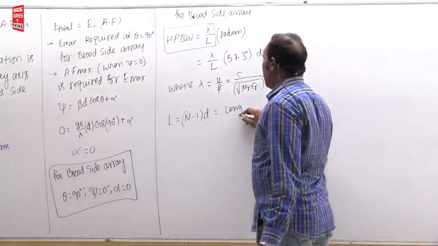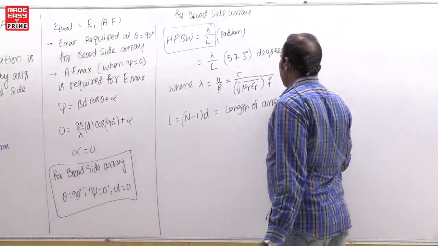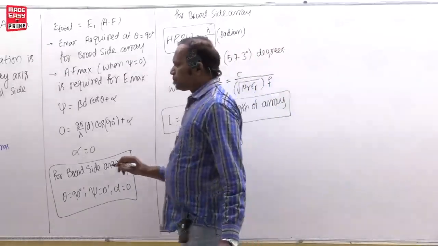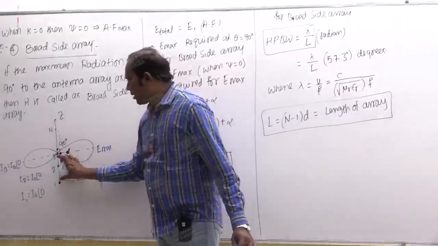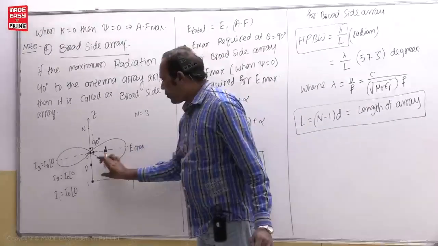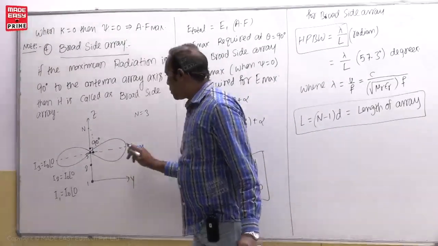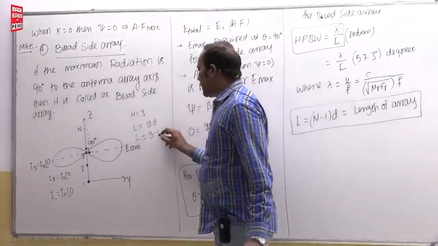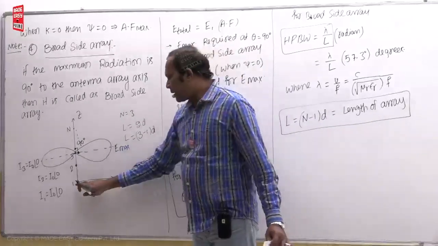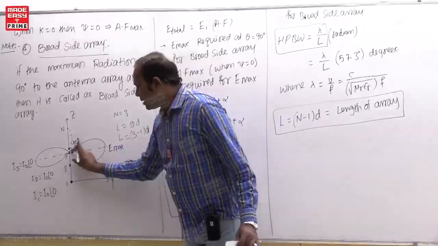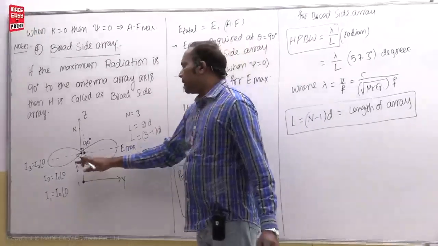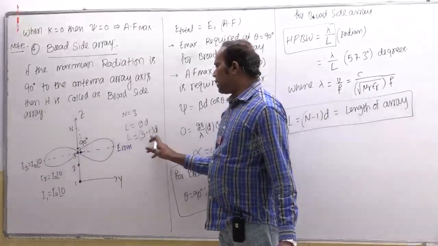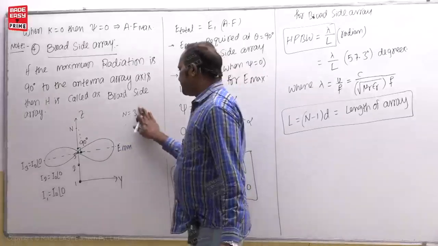Students, you know that, for example, if only 3 antennas are there, then length is equal to 2D. That is 3 minus 1 into D. So 2D is the length of the antenna array, like N minus 1 D, dear students.